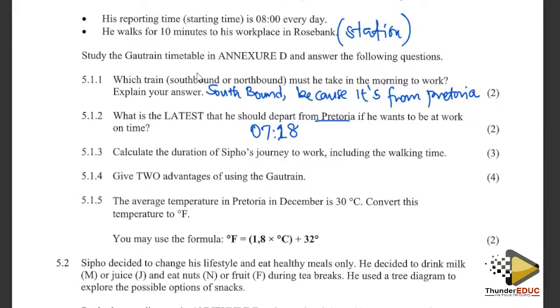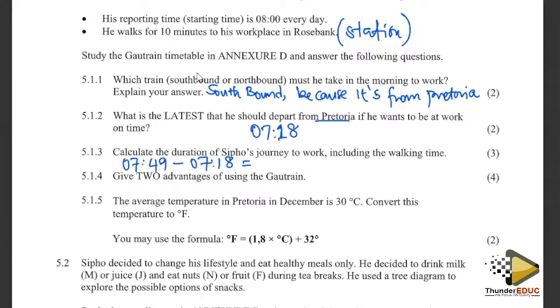What we shall do is that the duration now will be 7:49. That's when you arrive at the bus station. Then minus, we want to know how much time he has spent on the train. So there we go.